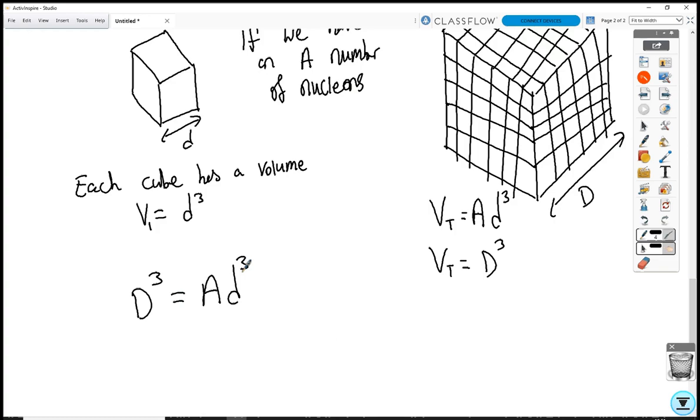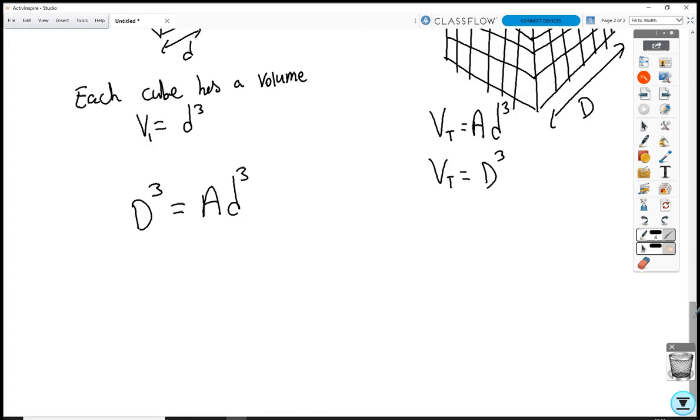So the diameter of the large nucleus cubed is equal to the number of nucleons times the diameter cubed per nucleon. Now we can get to the diameter of the actual nucleus by cube rooting it. So D is equal to little d times A to the 1/3.